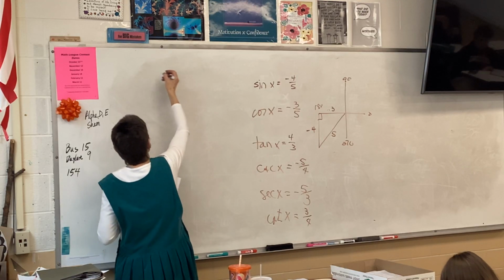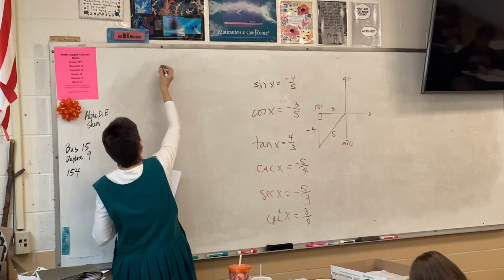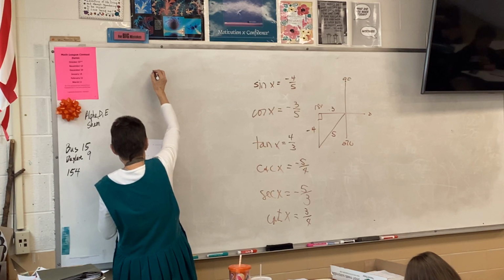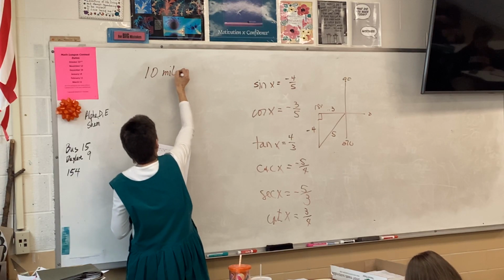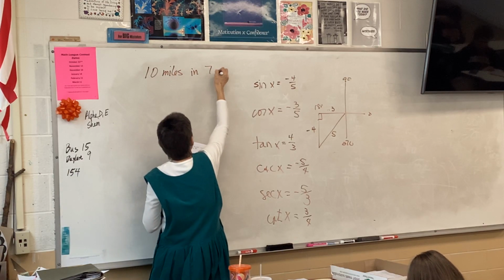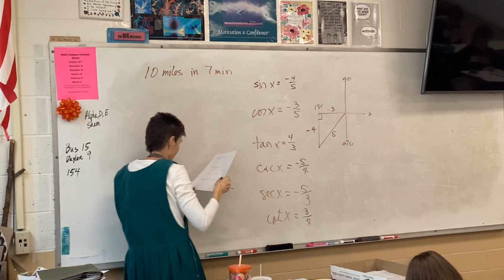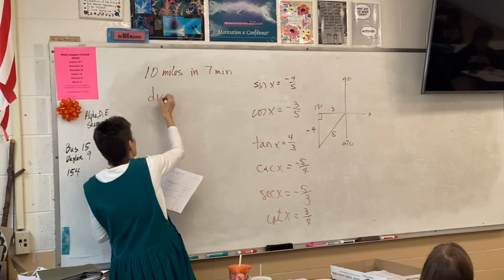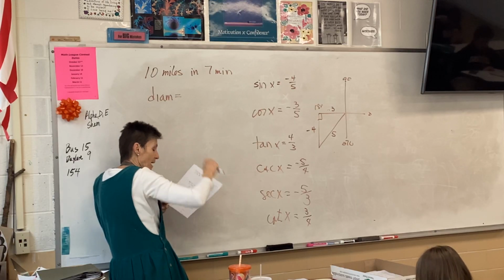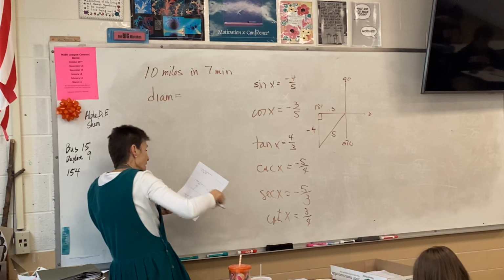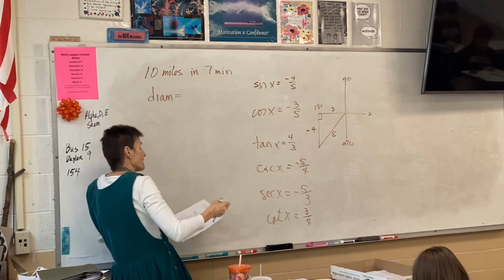Somebody is riding or walking or something, or I guess they're driving, and they go 10 miles in 7 minutes. I'm not writing out the whole problem, but I'm riding a bike, go-kart, something.